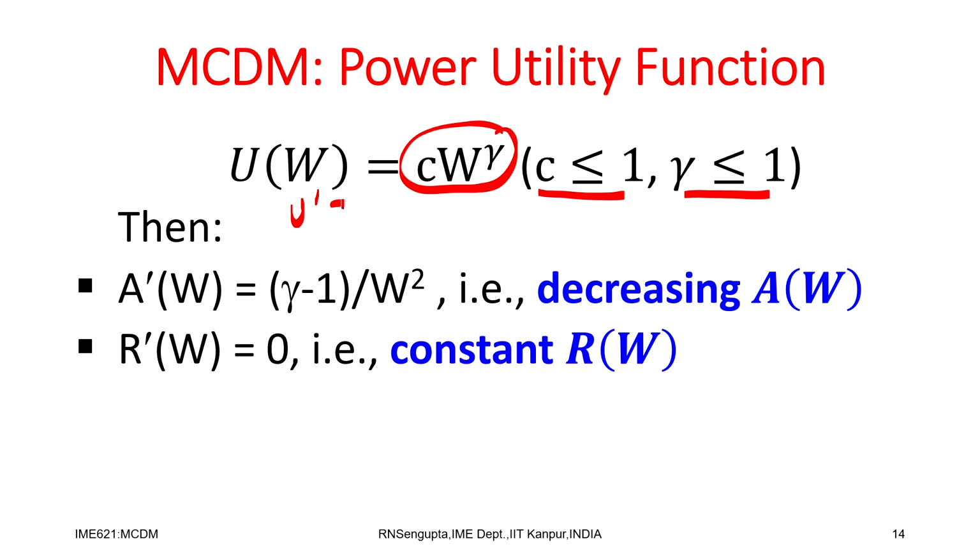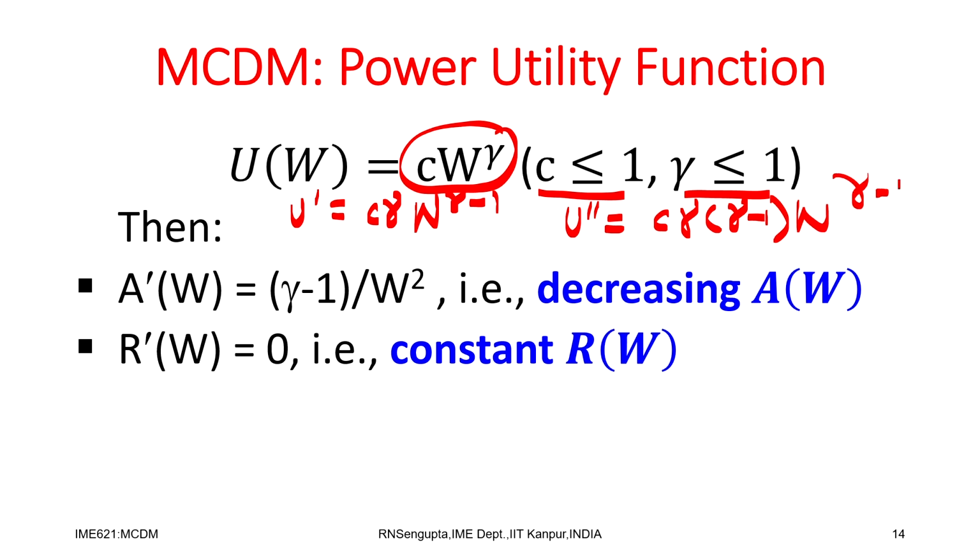U prime is equal to c gamma w to the power gamma minus 1, u double prime is equal to c gamma into gamma minus 1 w to the power gamma minus 2, and remember gamma is less than 1. So, let us derive a prime and r prime.